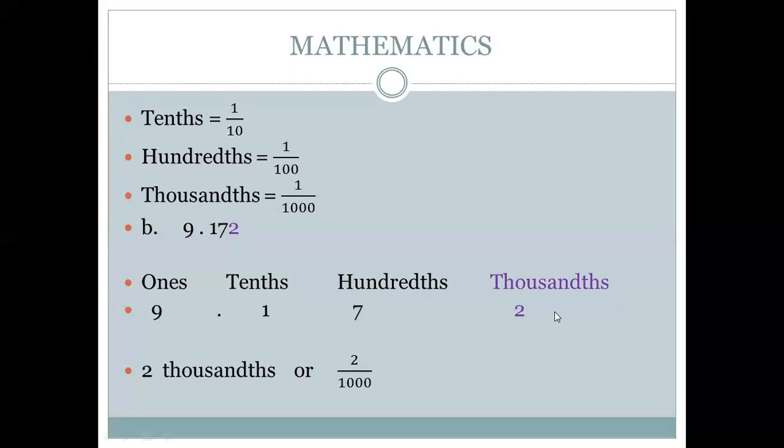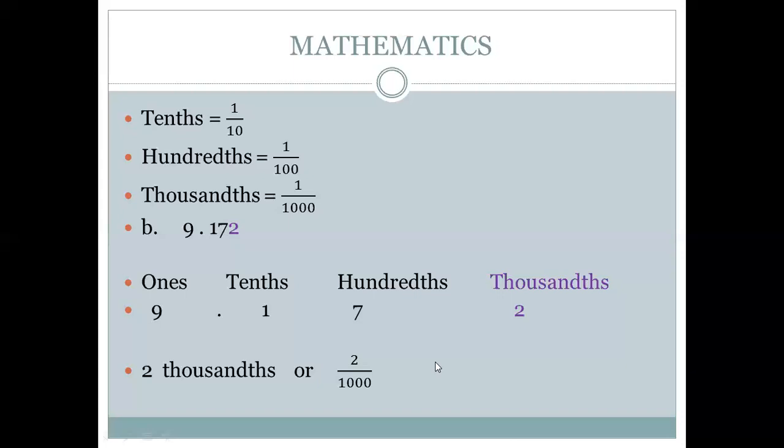Now 2 is in the third place after the decimal, it means that it will be 2 thousandths, or 2 over 1000.